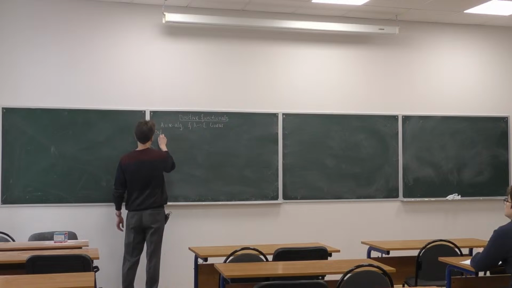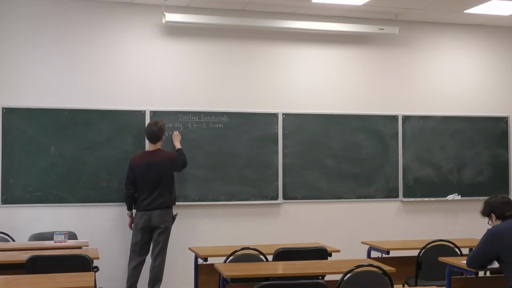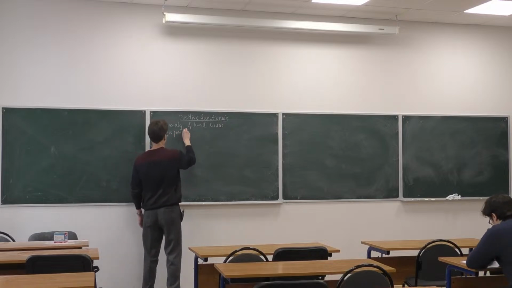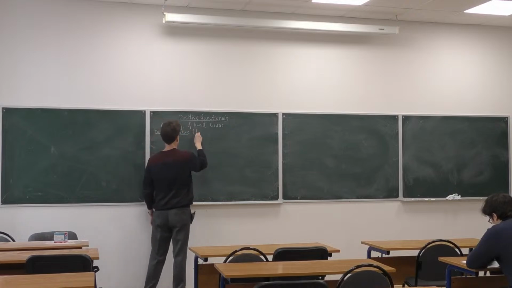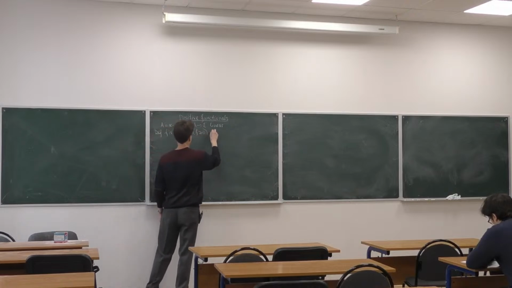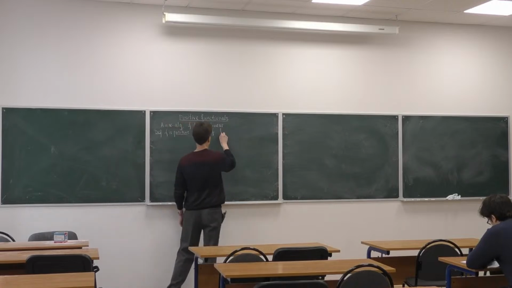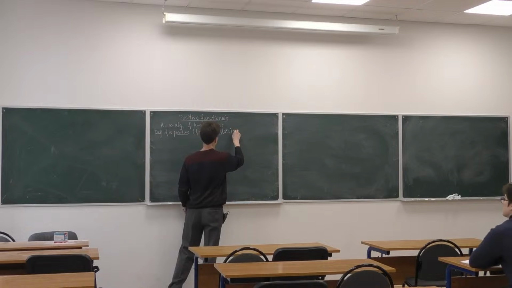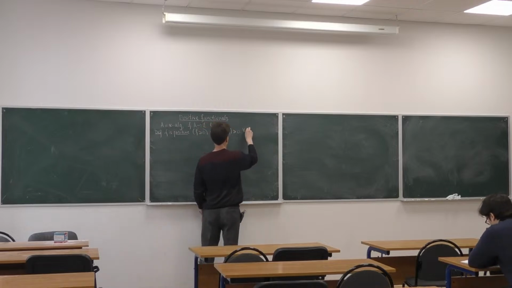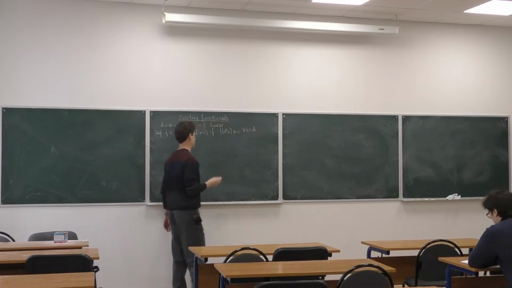So we say that f is positive, and we use the following notation, if it satisfies the following condition: f of A star A is non-negative for every element A in our algebra.